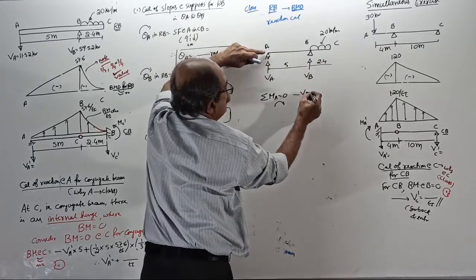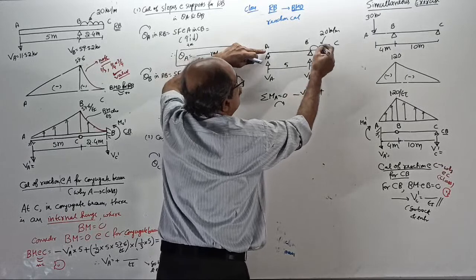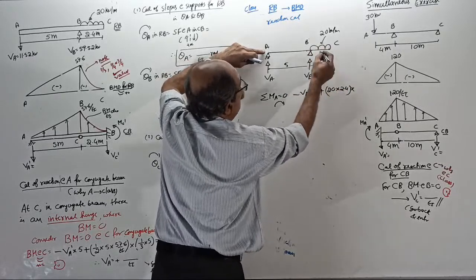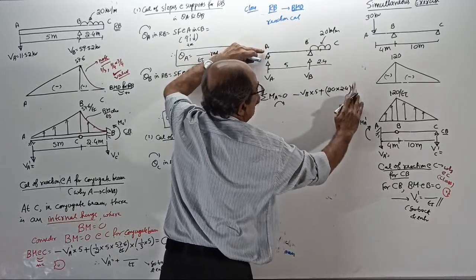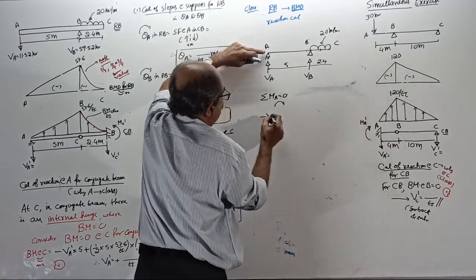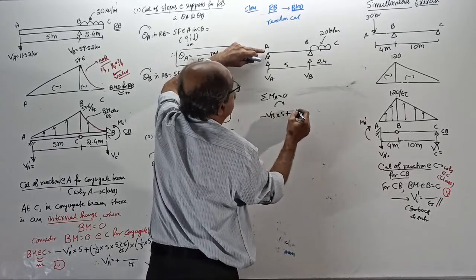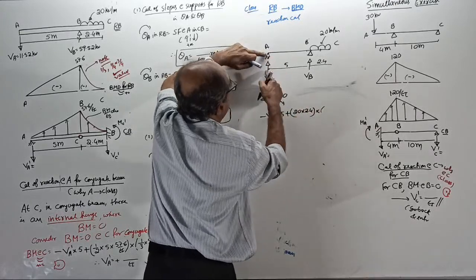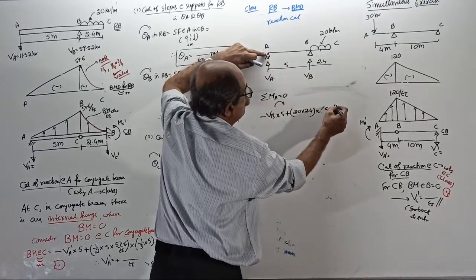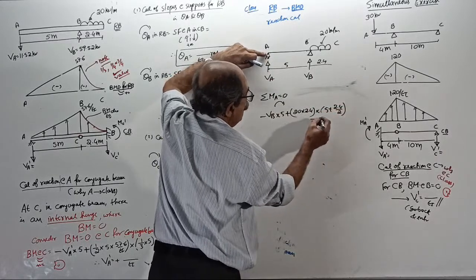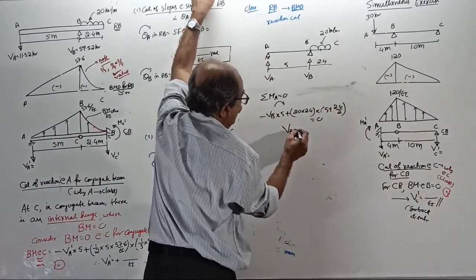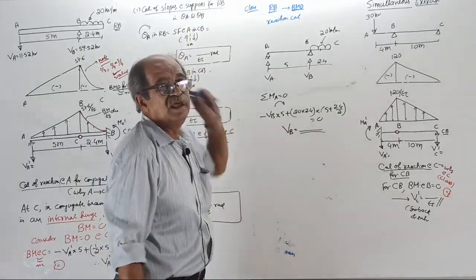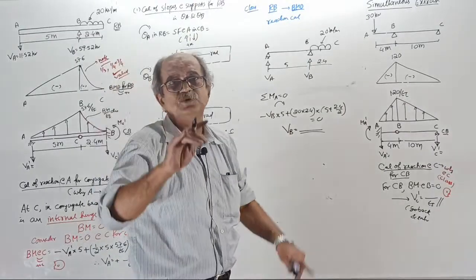Minus VB into 5 plus 20 into 2.4, the total load, into the moment arm about A, 5 meter plus 2.4 by 2, equal to 0. Tell the VB value correctly, fast. Don't see the answer there. Do not see what I wrote on the board. You tell the answer.